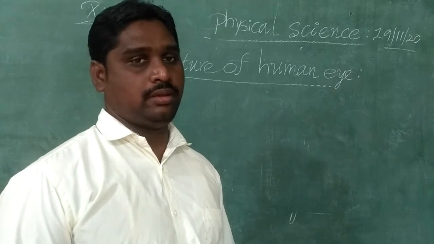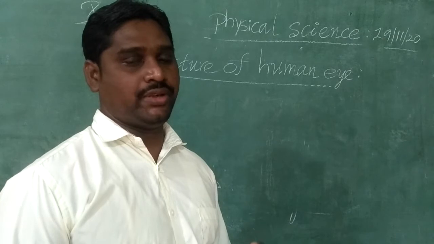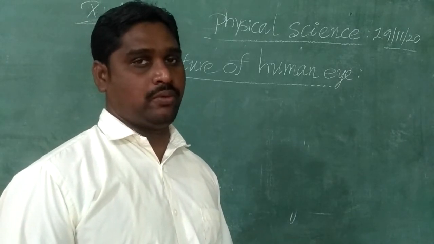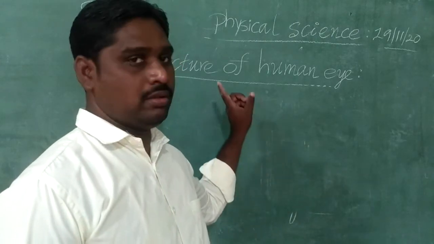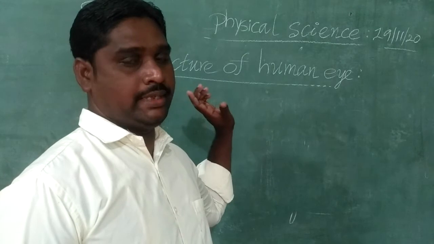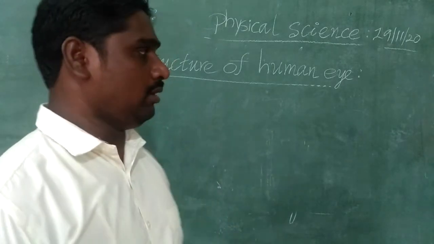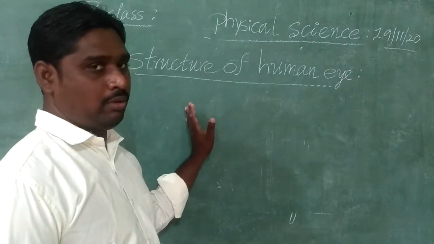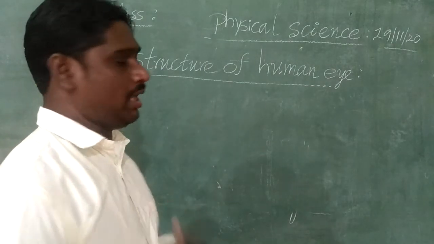We see many objects that have different sizes, shapes, and colors. All of them are visible to us because of the eye. So, what are the main components present in the human eye?